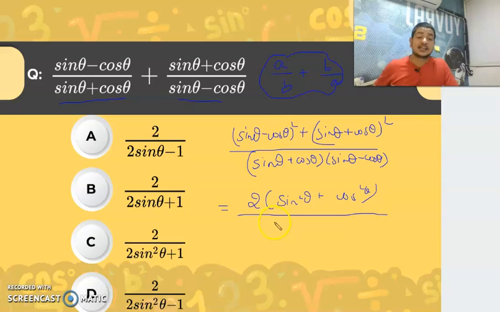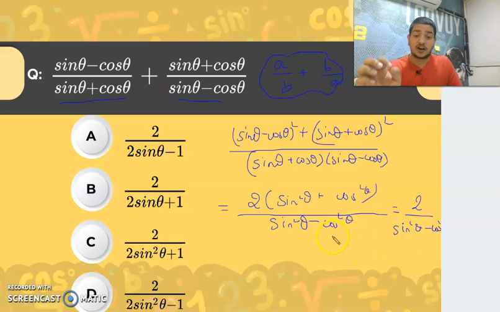We can write it as sin square θ minus cos square θ. Sin square θ plus cos square θ is nothing but 1. So we can write it as 2 over (sin square θ minus cos square θ).